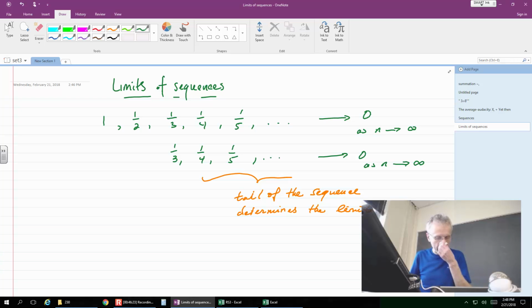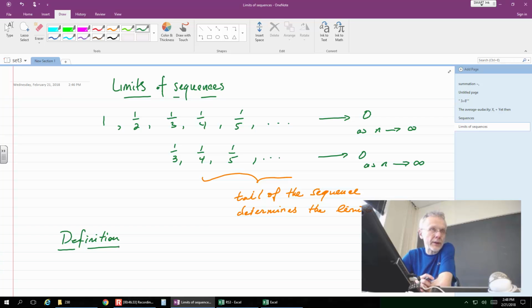So let me define the limit. The definition is pretty much identical to the limit of a function at infinity. That's the similarity, and hopefully that will help you absorb this quickly. So suppose we have a sequence a_n.